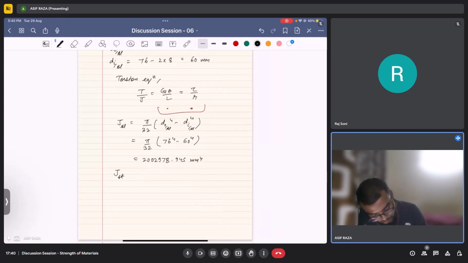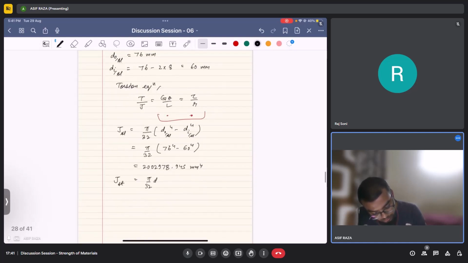What about steel? That would be equal to pi by 32 times d to the power 4.